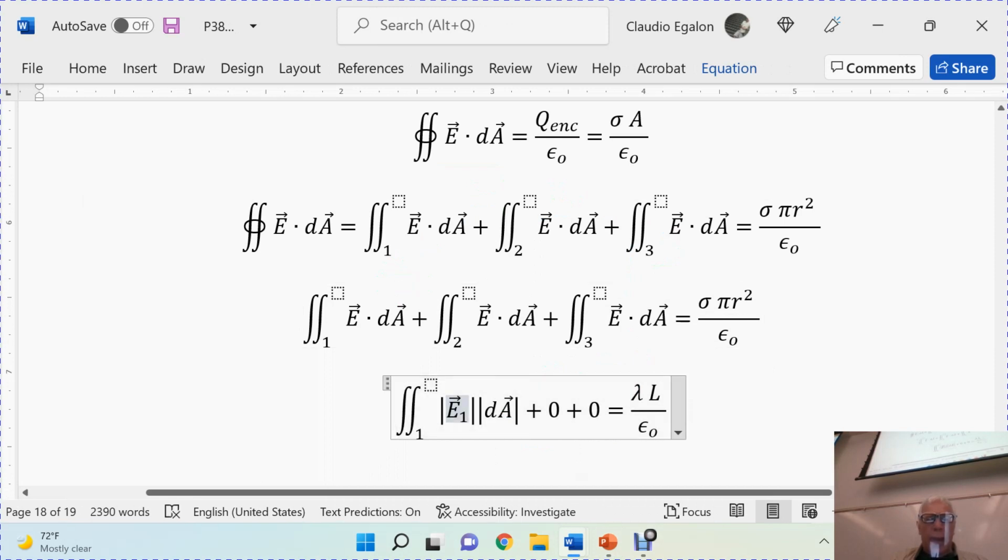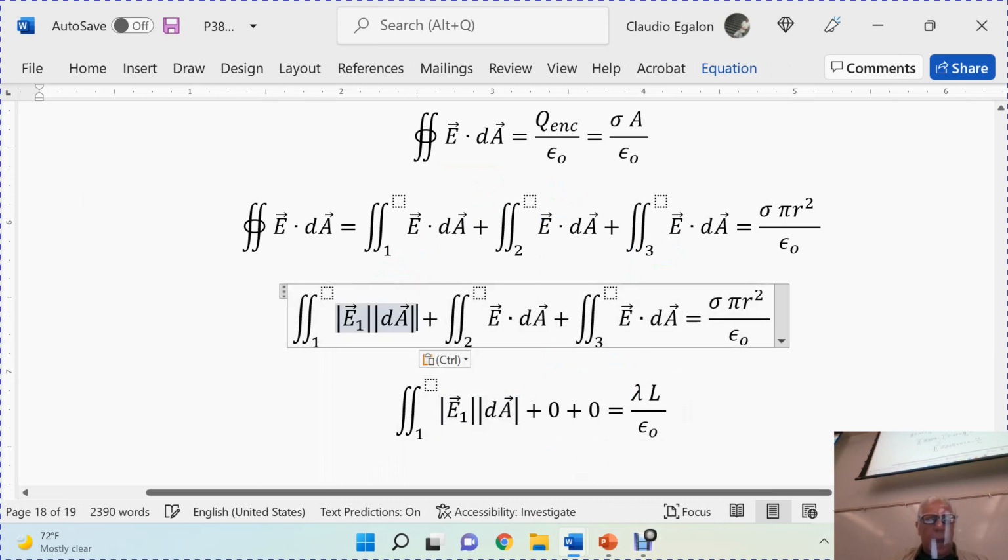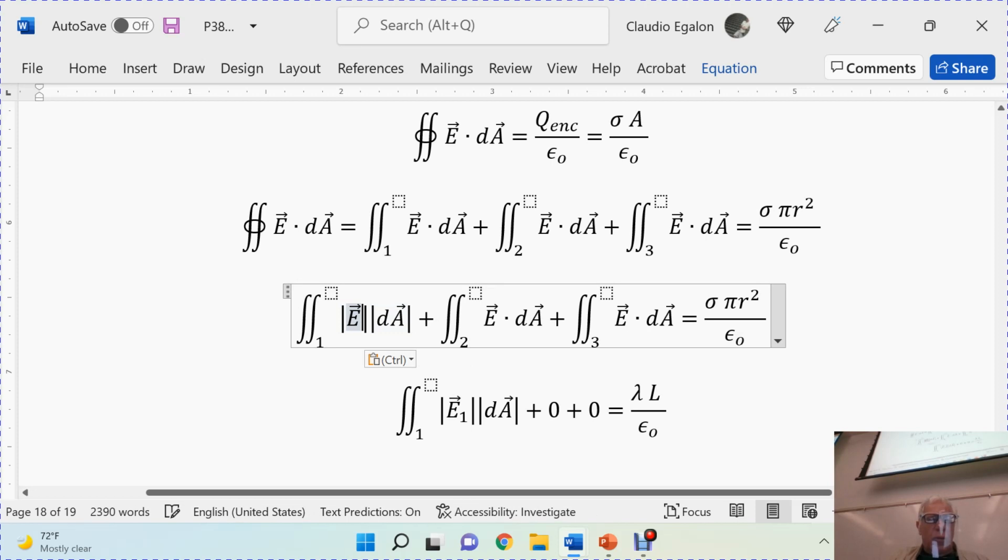E dot dA is going to be magnitude of E times magnitude of dA. I don't even have to put that one there, it is redundant. We don't need that because the electric field is still inside the integral, okay?